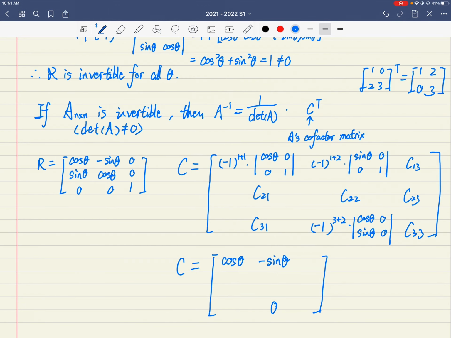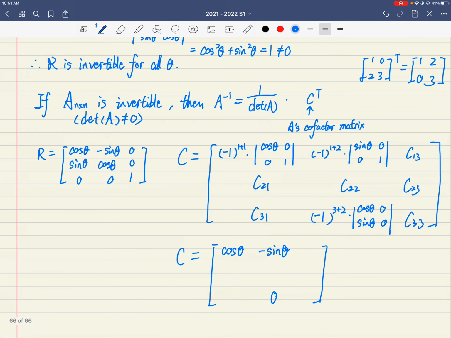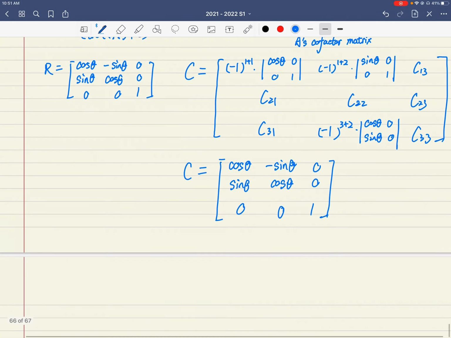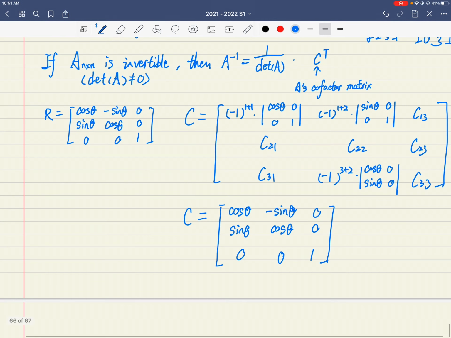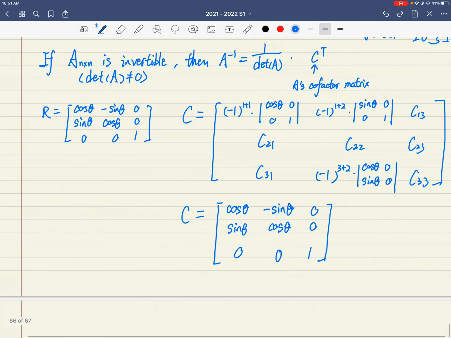If you do it correctly, you'll get this cofactor matrix: sine, cosine, 0, 0, 1, 0. So don't forget to transpose it. Now we want to get R inverse.